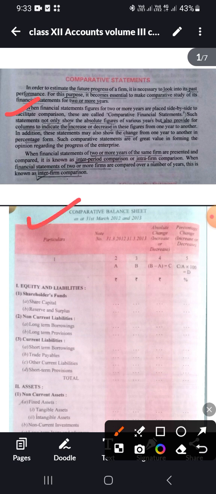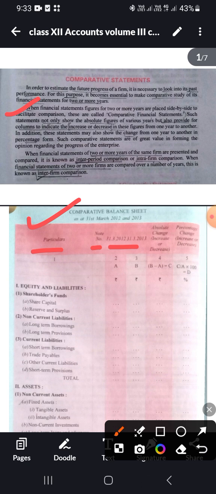So here in this picture, comparative balance sheet format is given. First of all, you have to write down on the top that is comparative balance sheet. Then particulars, note number, date of the year on which financial statements are based.